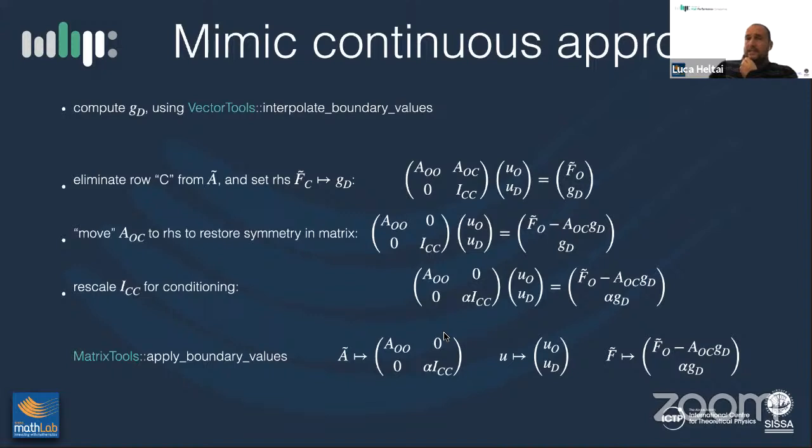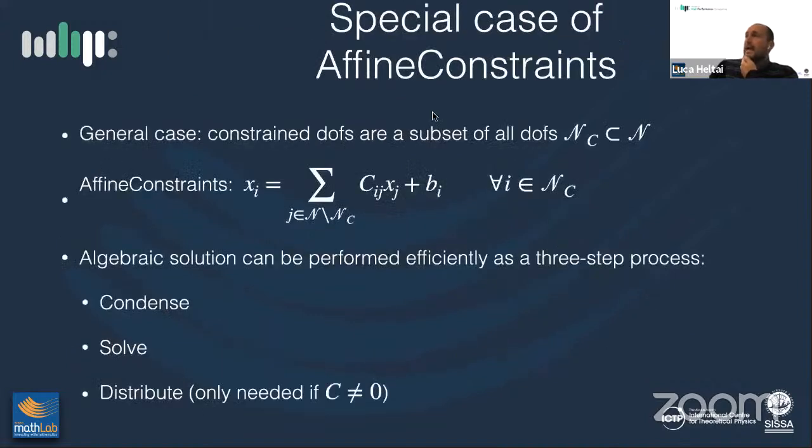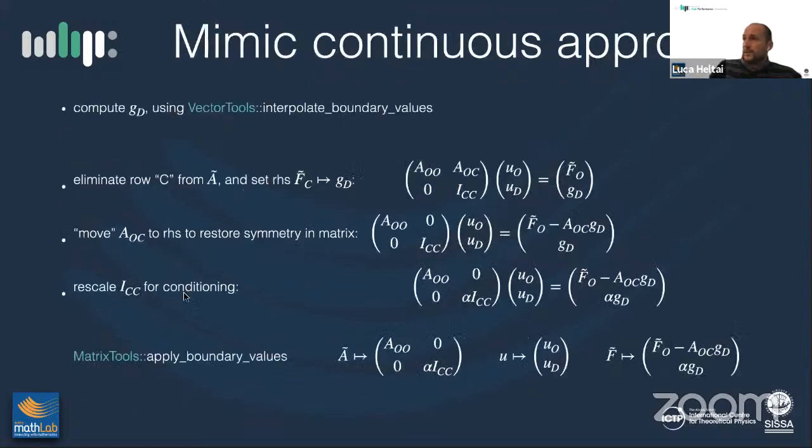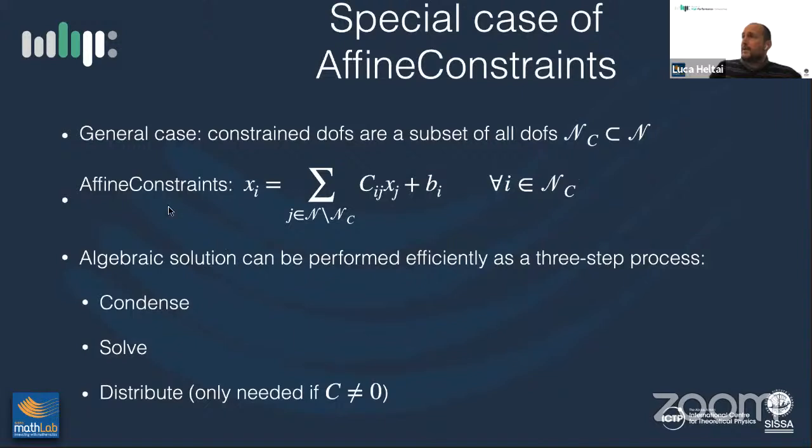And this is, in some sense, a special case of what the class called AffineConstraints does in the deal.II library. So the preferred way is to use AffineConstraints instead of using these two functions over here. And now I'll explain briefly why this is the case.